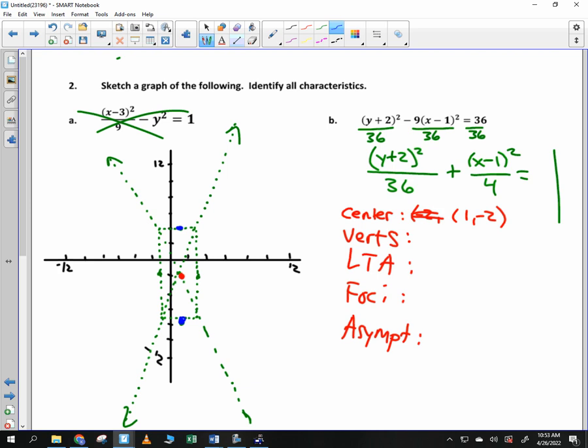All right, so I can now draw my shape. Looks like it's a little bit more narrow. So what are the locations of the vertices? Looks like it's over 1, up 4.